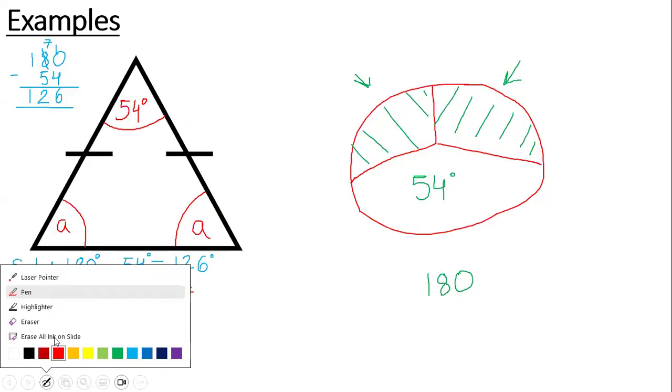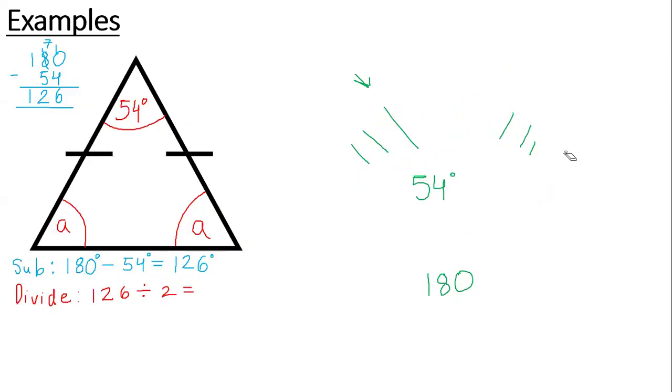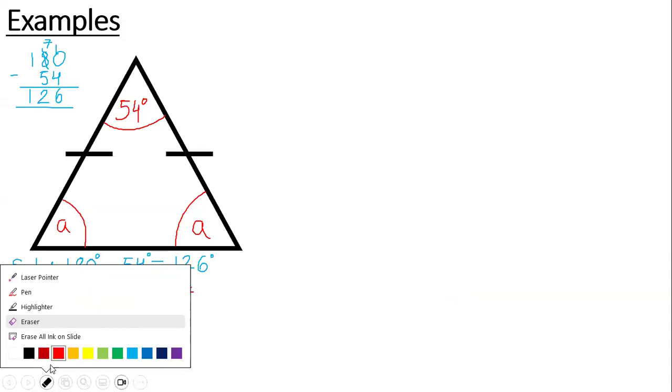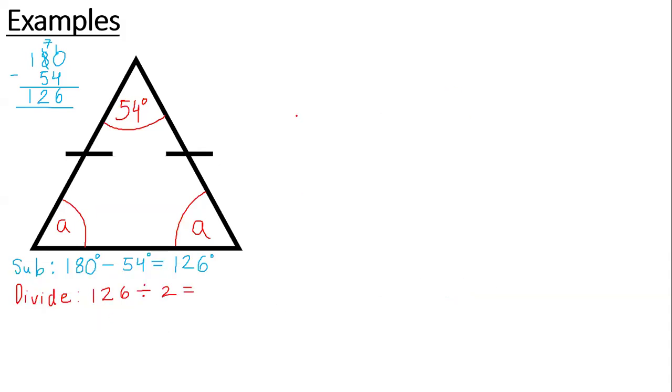So 126 divided by 2. 2 into 126. How many times does 2 go into 12? It goes into 12 6 times. 2 times 6 is 12. 12 minus 12 is 0.